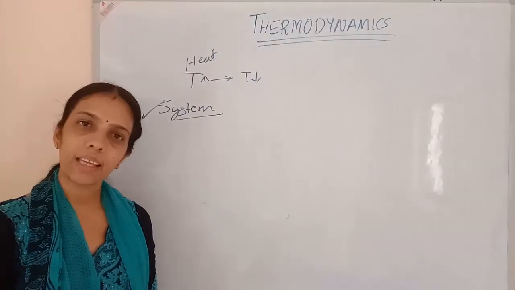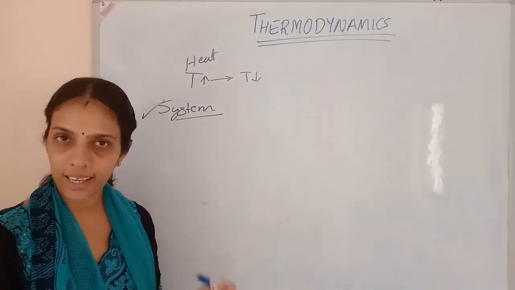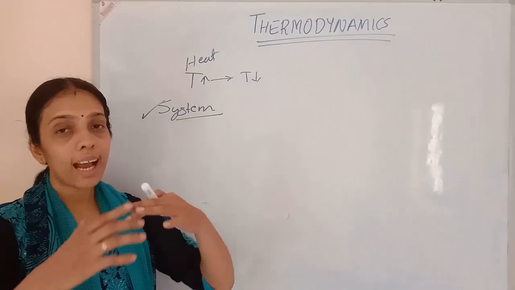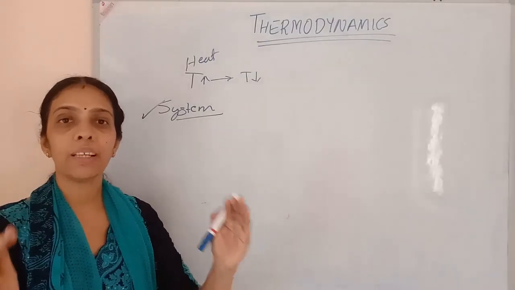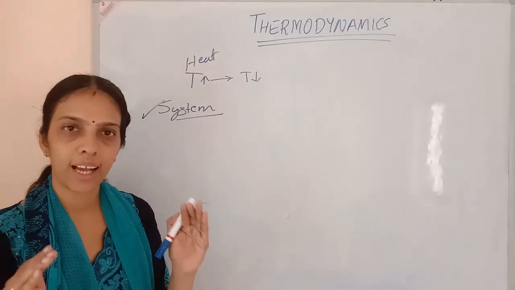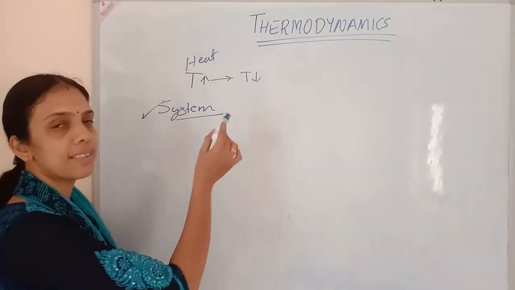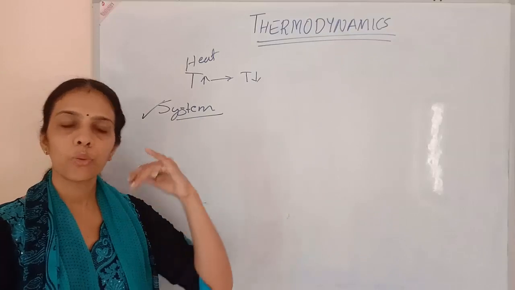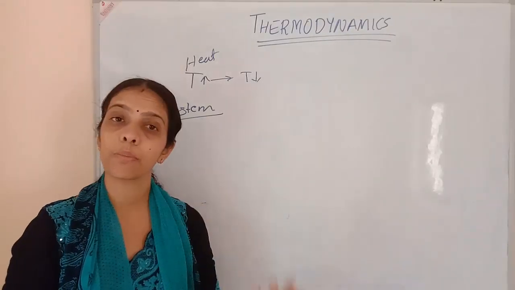Same way here also, if I am considering a gas, it will have n number of particles, and all those particles together we will call a thermodynamic system. While we are explaining thermodynamics, don't get confused about what is meant by the system.